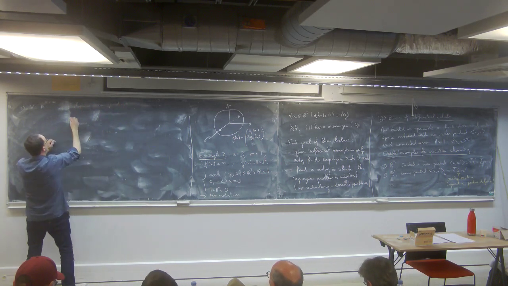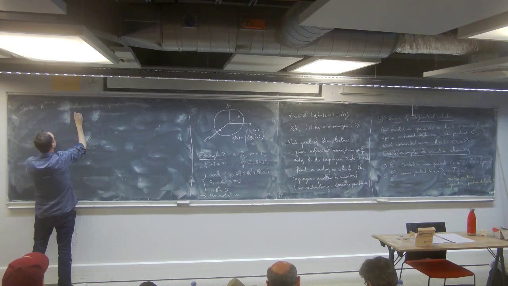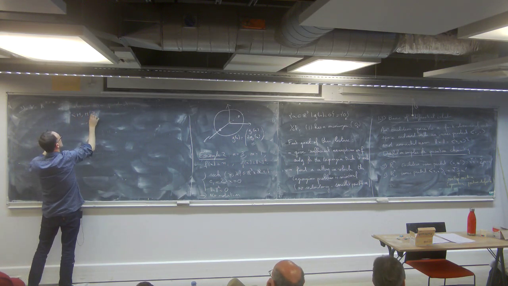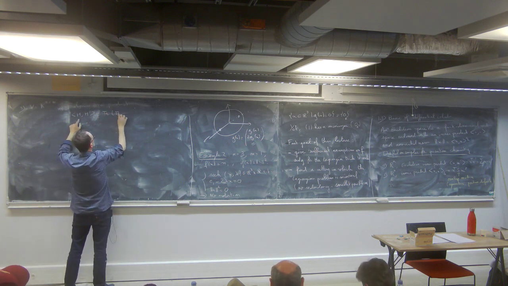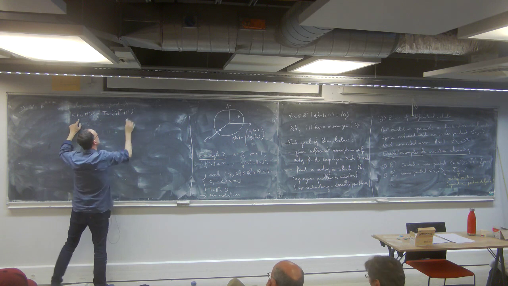This inner product is defined by, so I have two matrices M and M prime, and this is the trace of M transpose M prime.